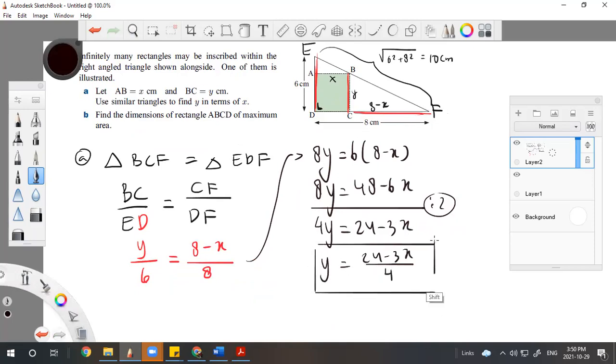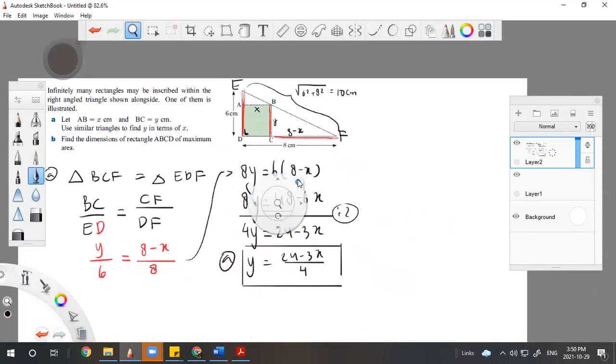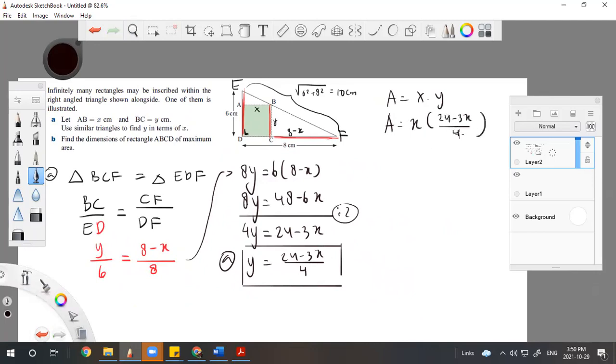Done. For question A, find the dimensions of rectangle ABCD of maximum area. Okay, maximum area of ABCD is x times y, right? What is x? x itself. What is y? This, right? Okay, slowly. 24x minus 3x squared over 4, or 6x minus 3 over 4 x squared.